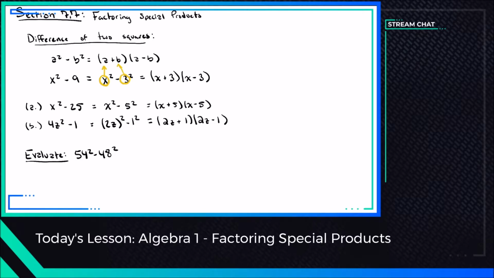But we could rewrite this as the difference of two squares: 54 plus 48 multiplied by 54 minus 48. 54 plus 48 is equal to 102, and 54 minus 48 is equal to 6. Then we just have to write out 102 multiplied by 6, which is equal to 612.